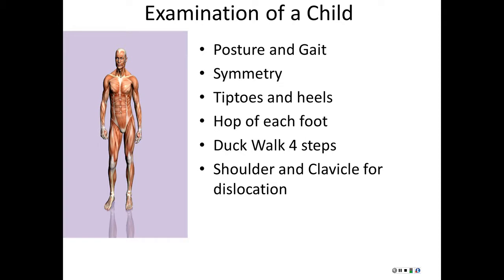And they're going to have to walk as a team, and that's going to let me see particularly, and these are usually teenagers or tweens, which ones are able to do it and have a loose back, lumbar area, because that's necessary. And duck walking will assess the musculoskeletal strength from the waist down. So it's one easy way to do strength and flexibility in one swooping assessment of a duck walk. You're also going to look at the shoulder and the clavicle for any kind of dislocations.